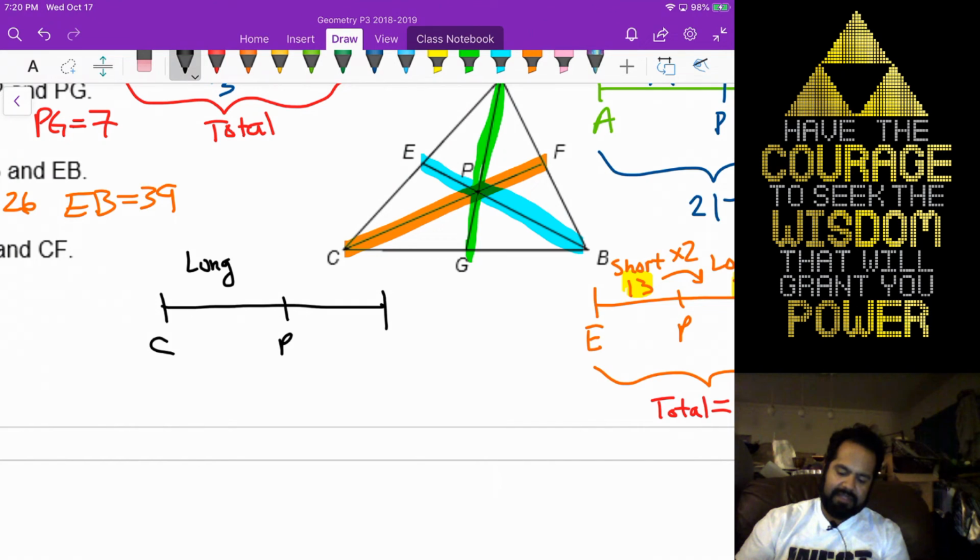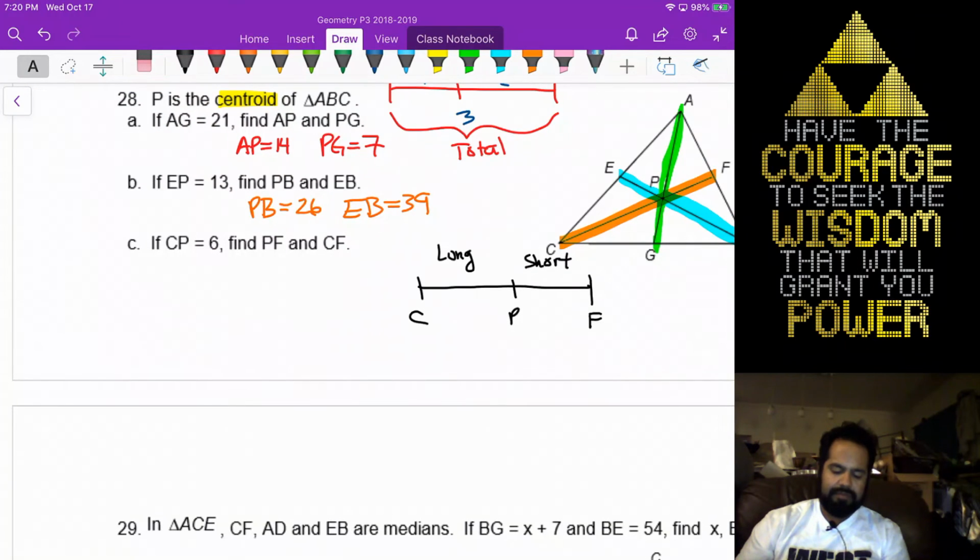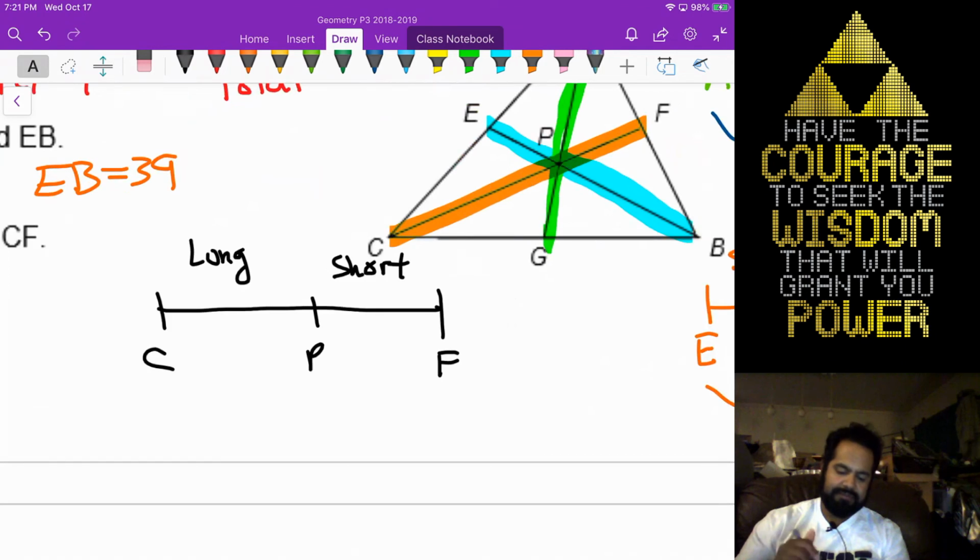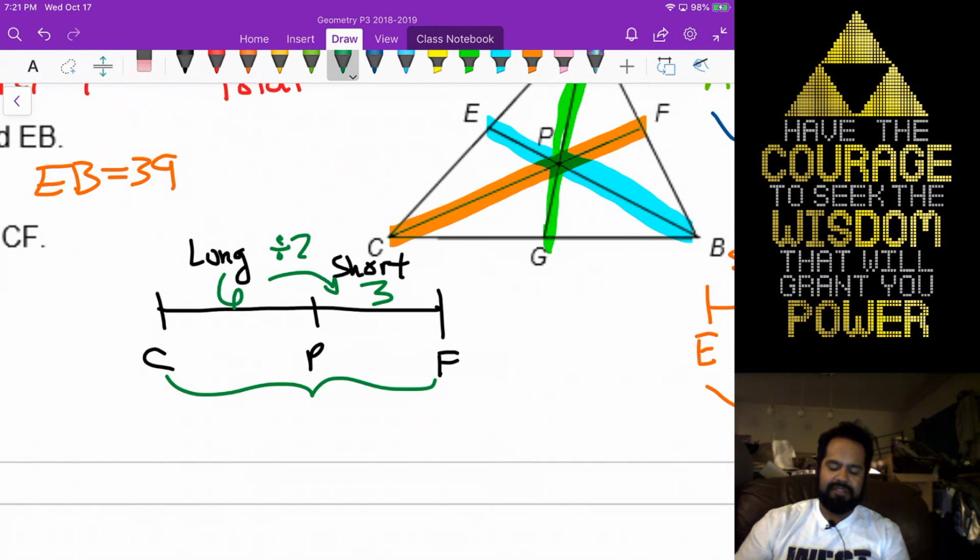And then P to F is short. So CP we said was 6. Now going from long to short, you're going to divide by 2. And again, to get your total, 6 plus 3 is 9.